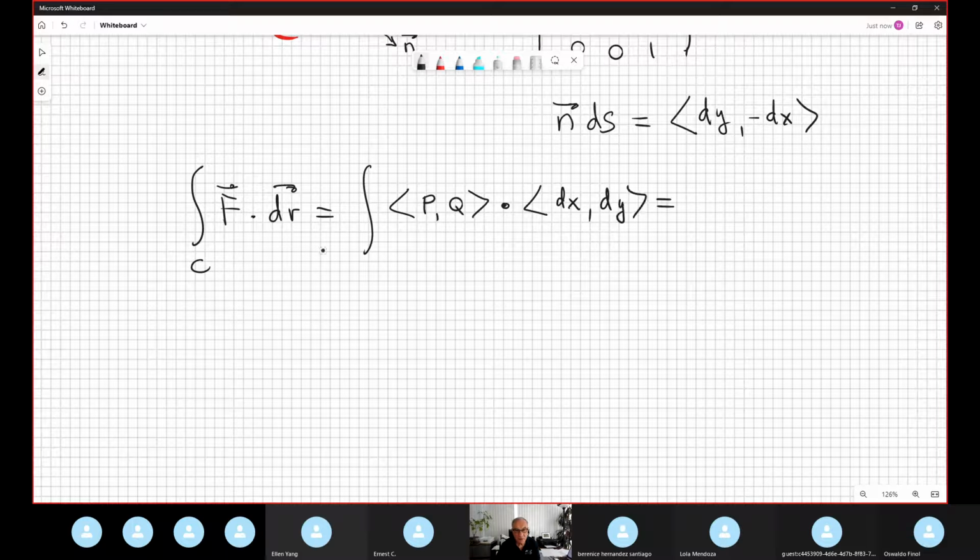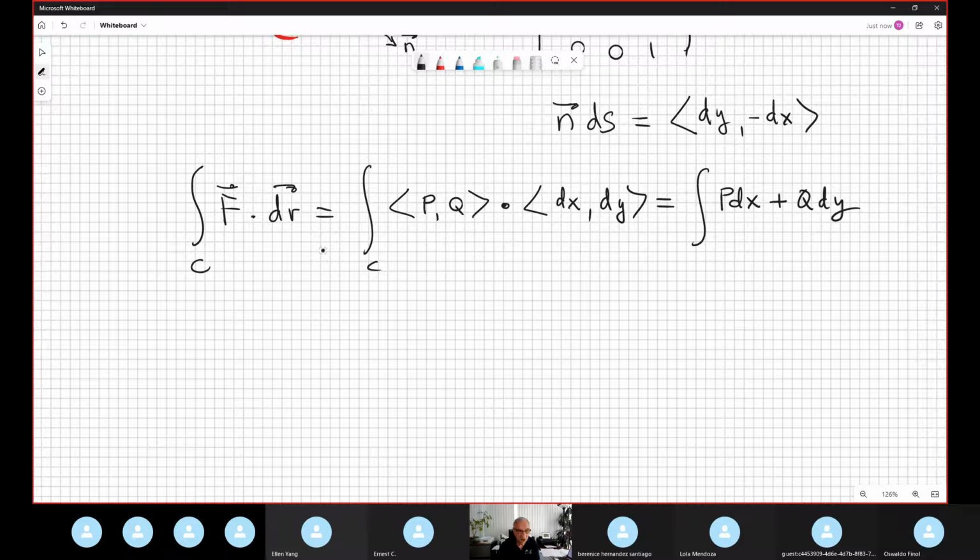I did this before in the last class. Now it's the integral of p dx plus q dy. Boom! It's a formula when you have no parametrization, or natural parametrization or specific parametrization. The parametrization depends on the curve, in whatever way you consider it is countable, better to do the parametrization.